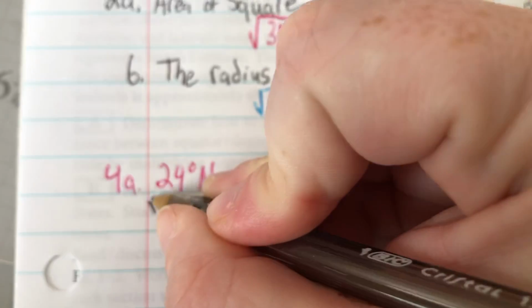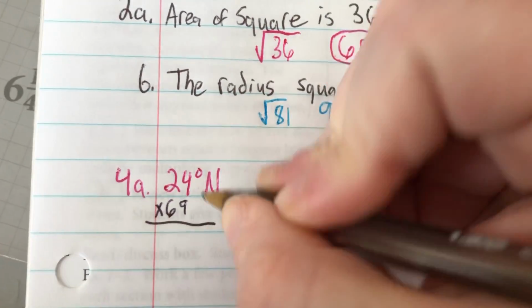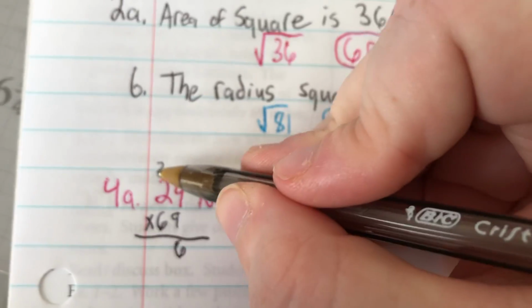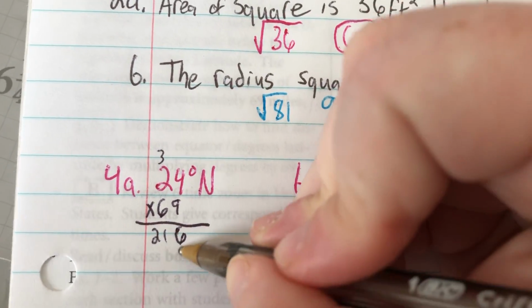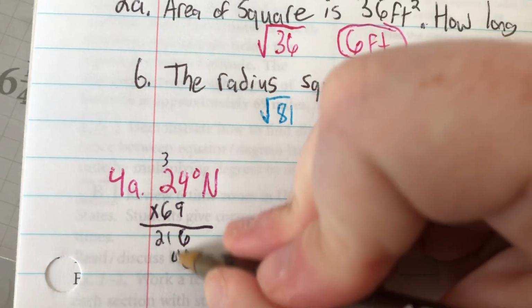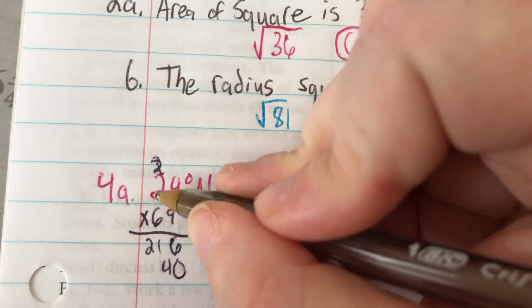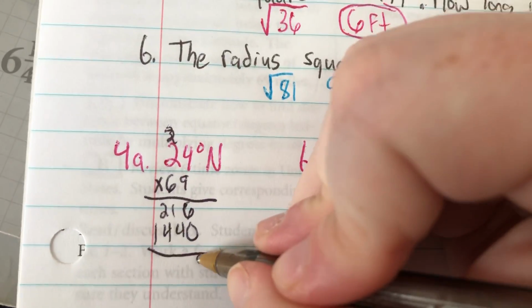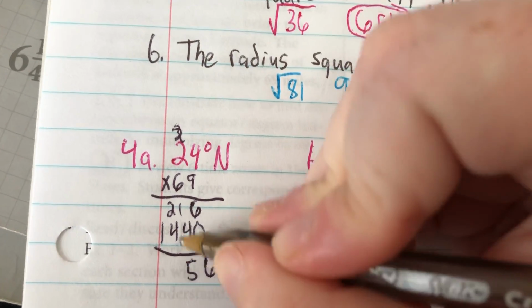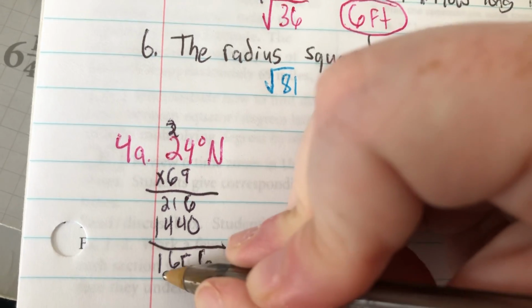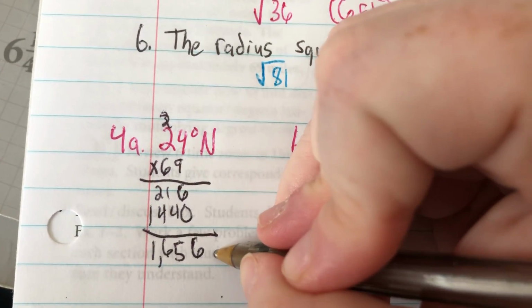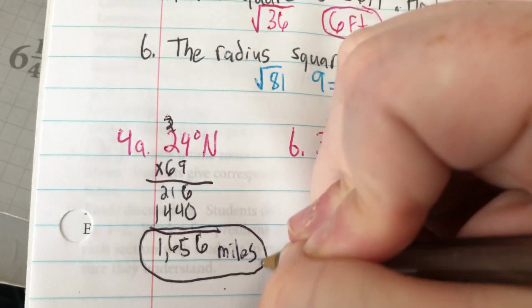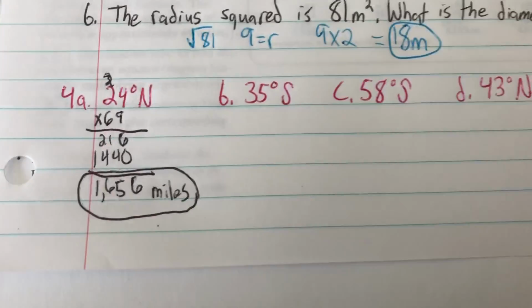So 24 times 69. 9 times 4 is 36. 9 times 2 is 18, 19, 20, 21. 0. 6 times 4 is 24. 6 times 2 is 12, plus 2 is 14. 6, 4 plus 1 is 5. 4 plus 2 is 6, 1. So it would be 1,656 miles. Please try to remember to include your unit, which is miles.